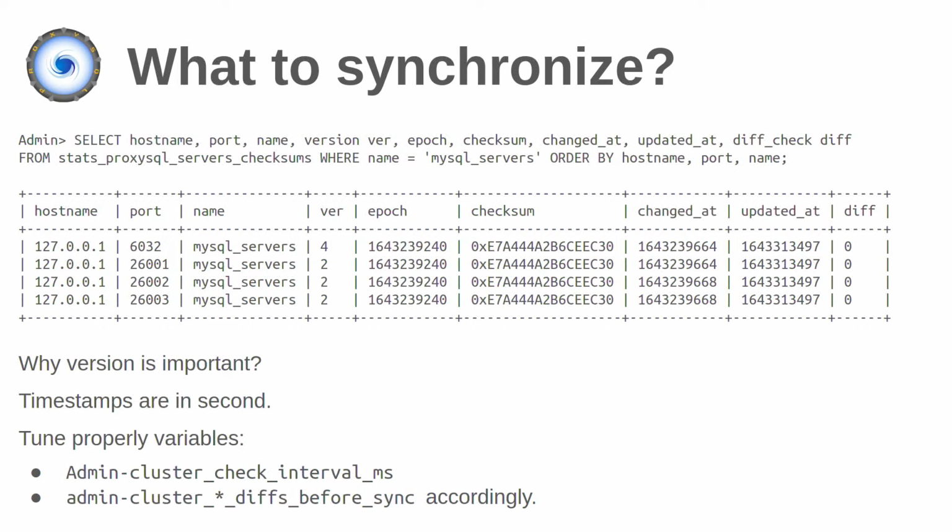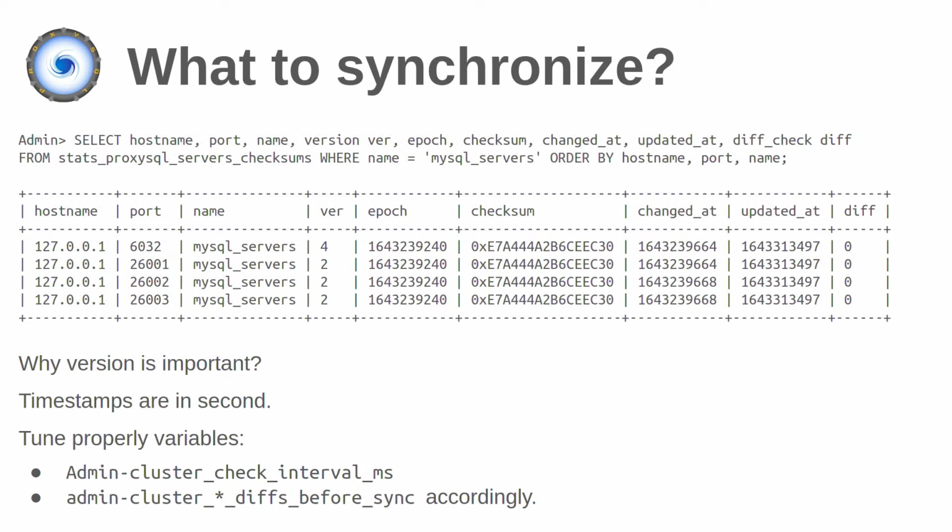Every time you execute LOAD MYSQL SERVERS TO RUNTIME and the new version of mysql_servers is loaded to memory, this version is increased by 1. The version is also increased by 1 if ProxySQL cluster itself triggers a resynchronization. So every time a new configuration is loaded at runtime, the version increases by 1.